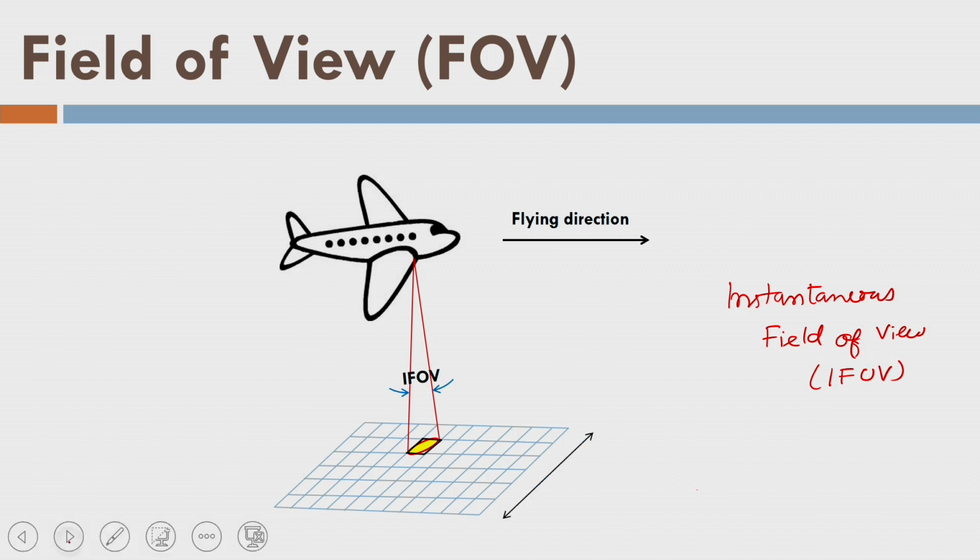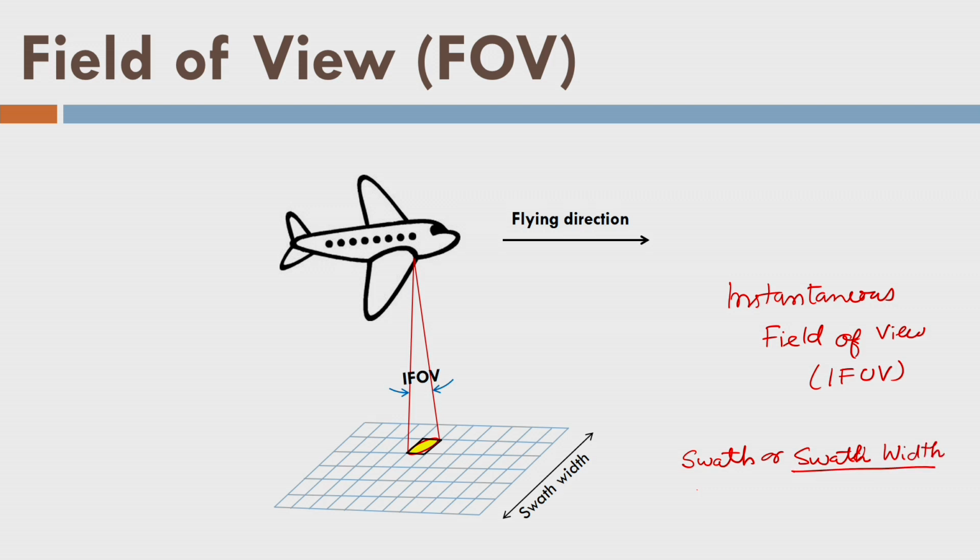This distance which is across the flying direction is called the swath or swath width. Both names are popular, we call it swath or swath width, both are the same.